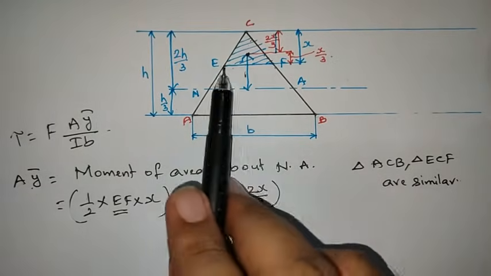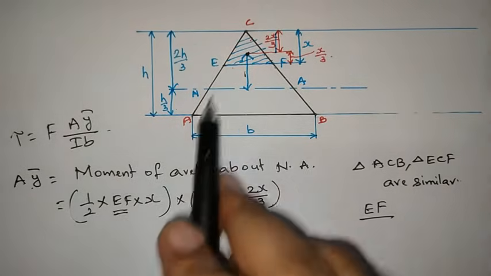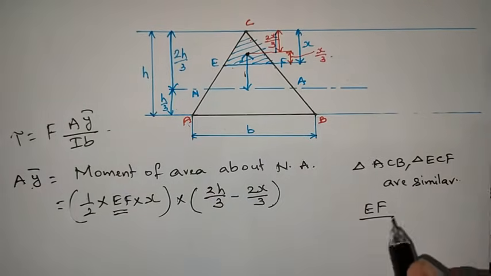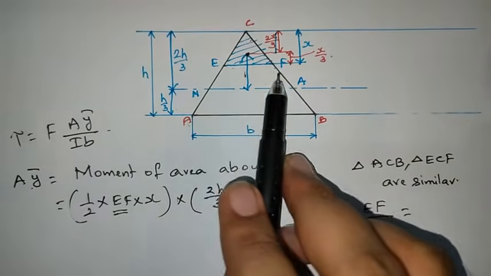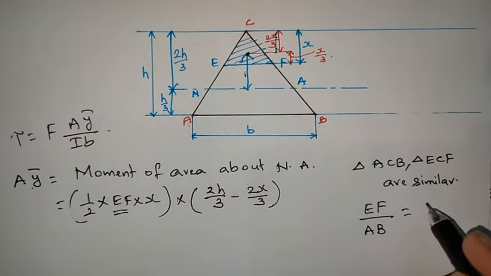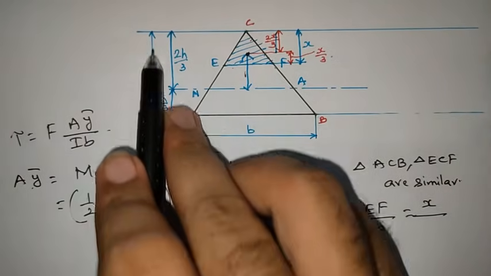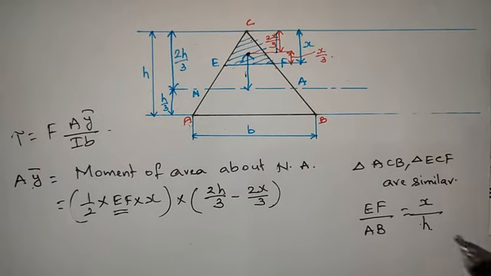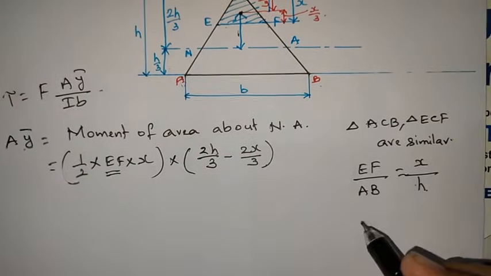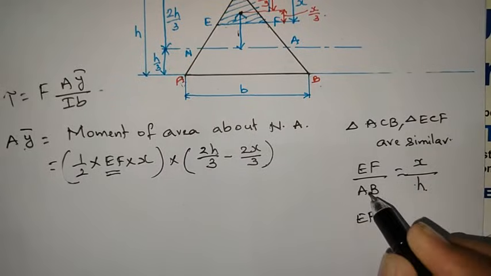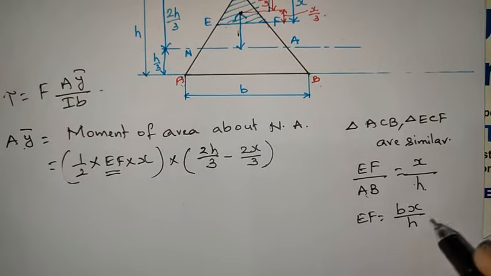Base of ECF is EF by what is the base of ACB? AB is equal to what is the height of ECF? x by, what is the height of ACB? Height is h. So AB is equal to B. So EF is equal to B into x by h.